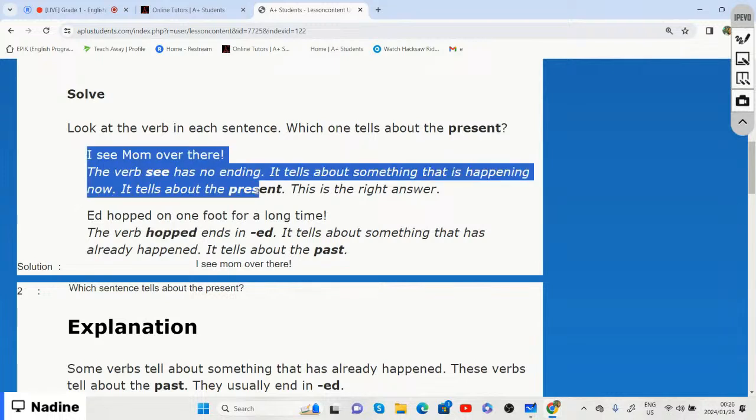So this first sentence that says, I see mom over there, is our present tense verb sentence.